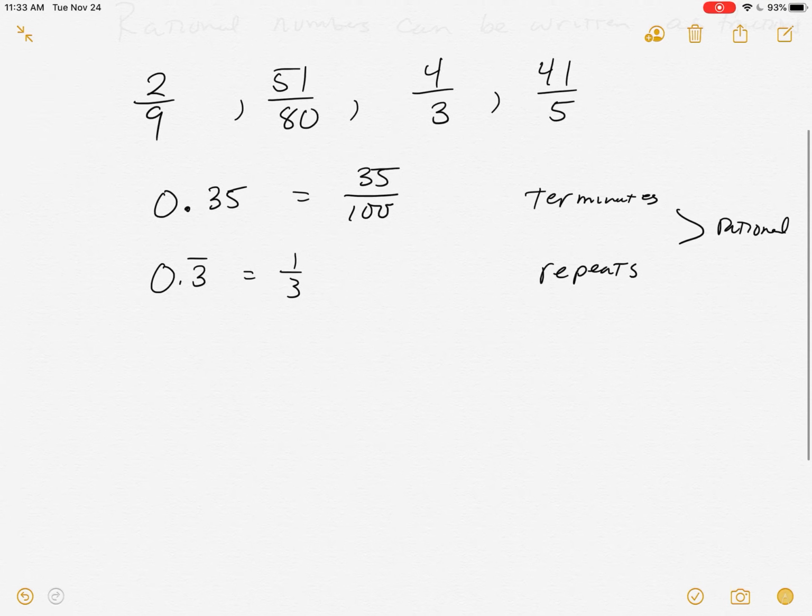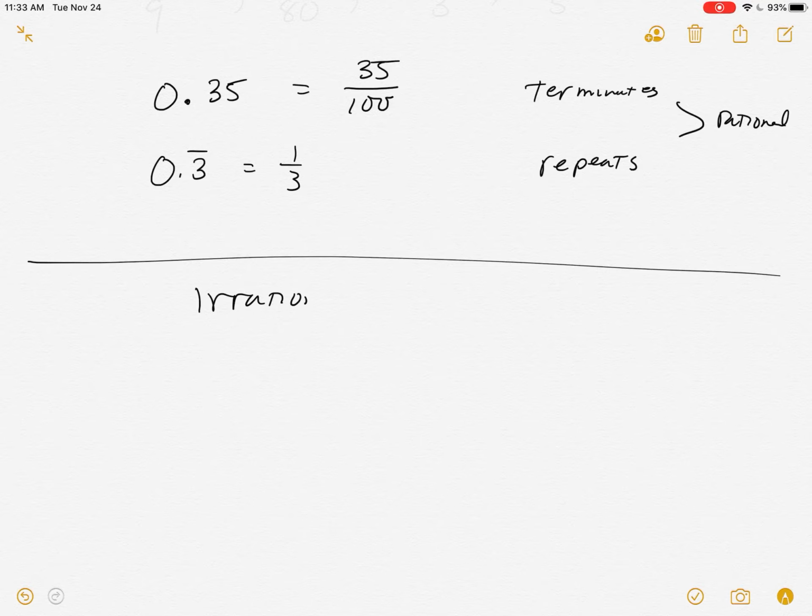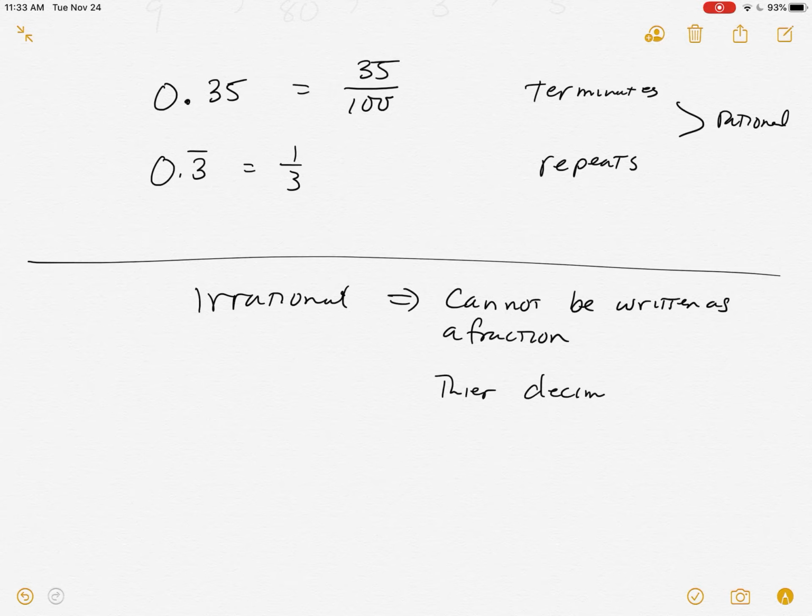Now, what are irrational numbers? Irrational numbers, by default, cannot be written as a fraction. Other things we can say, their decimals go on forever, right?